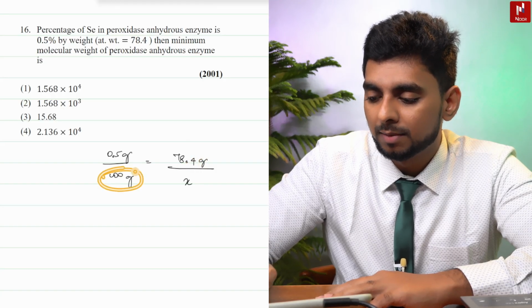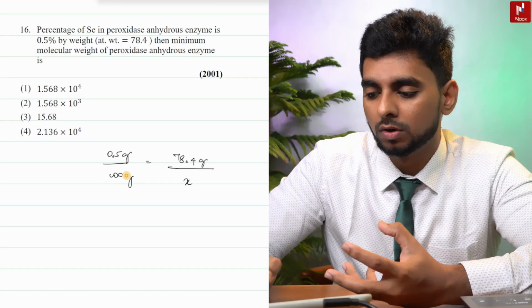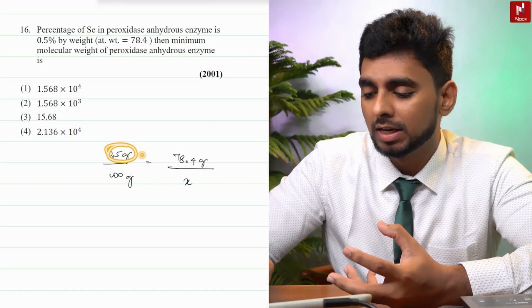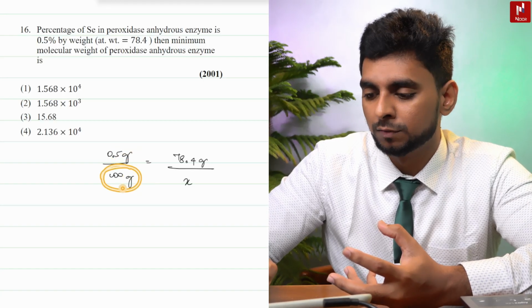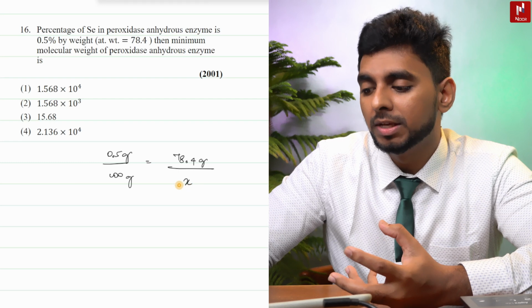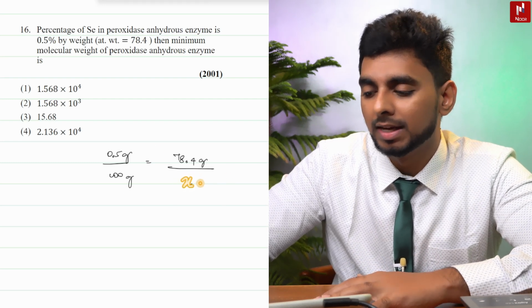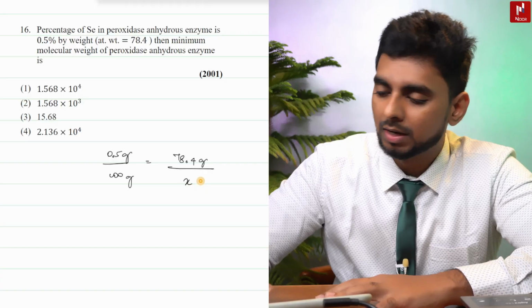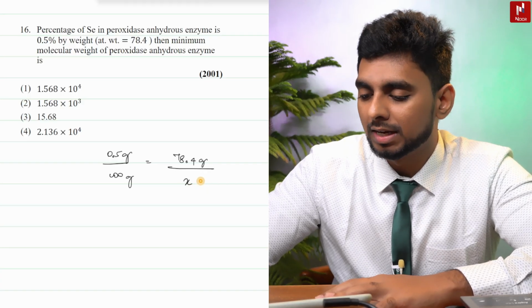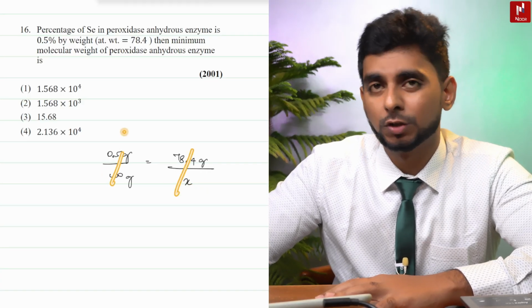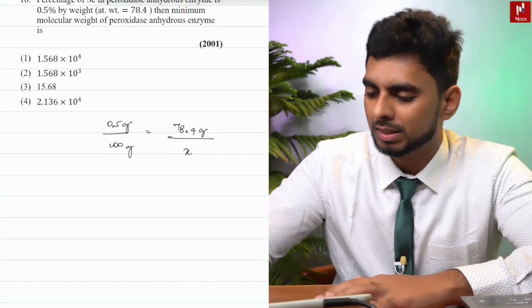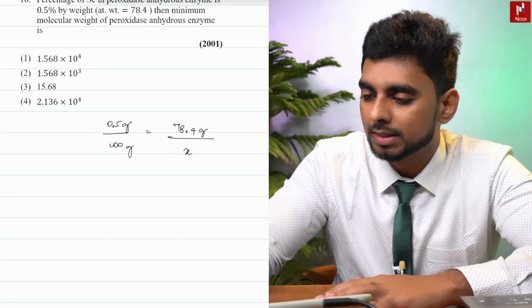Same way, if 100 gram was the total enzyme, so for 0.5 gram of selenium, 100 gram of enzyme will be there, obviously. Then what should be the molar mass of that entire enzyme? That's what I need to find. So that will be the X, right? So just rearrange this one, you'll get the answer. Fine. So the only tricky part is generating this ratio. That will be the tricky part for this question.